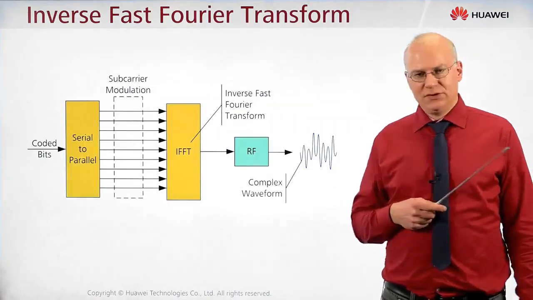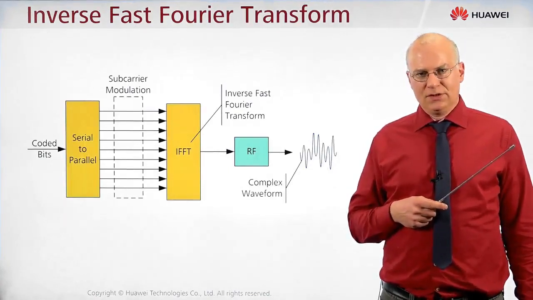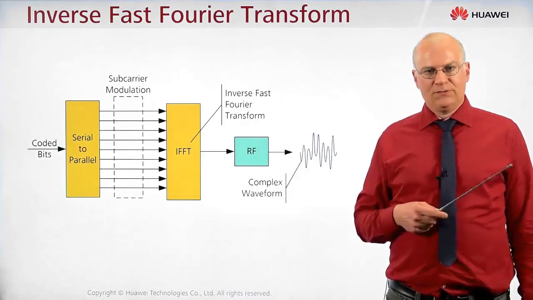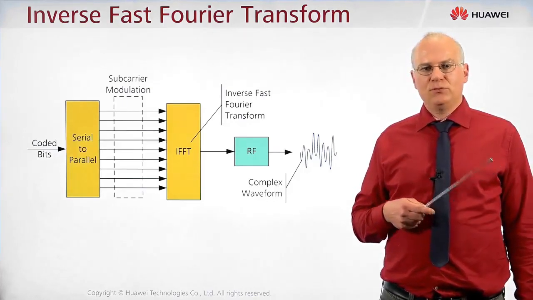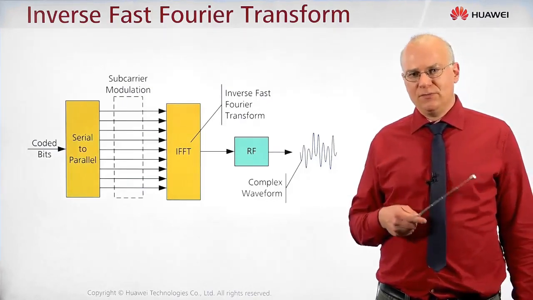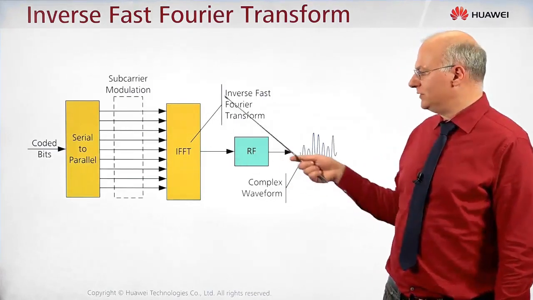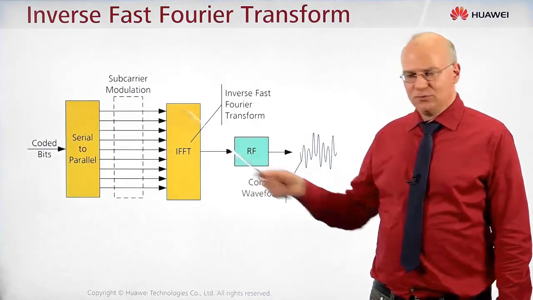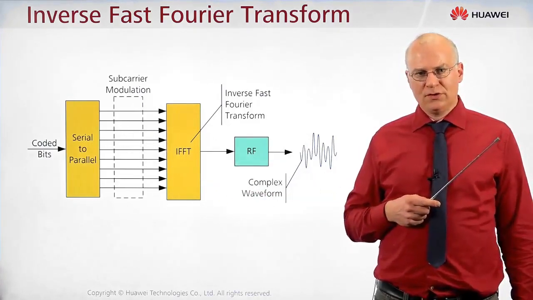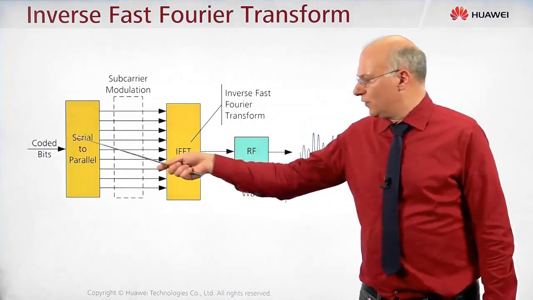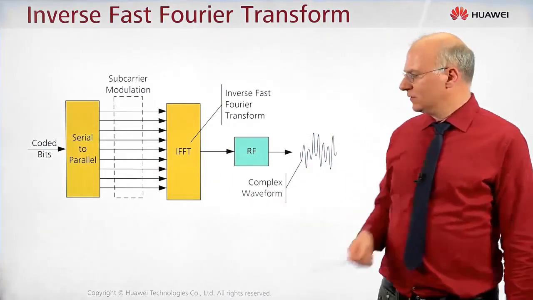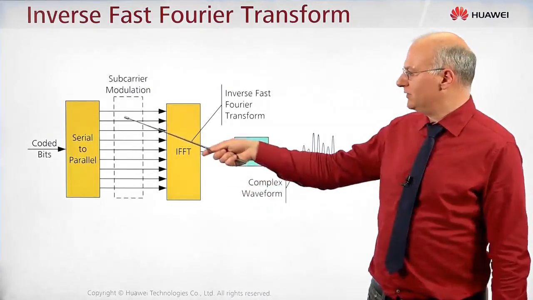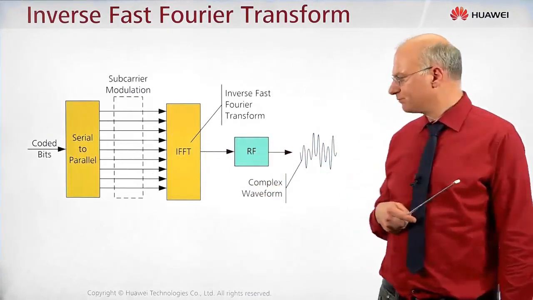To produce the OFDM signal, we have different steps. First of all, we have to put the information bits on the different subcarriers. So we have a serial to parallel conversion. From a stream of bits, we put the first bit on the first subcarrier, the second bit on the second carrier, and so on.